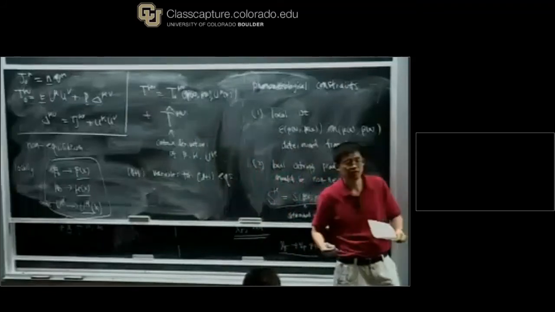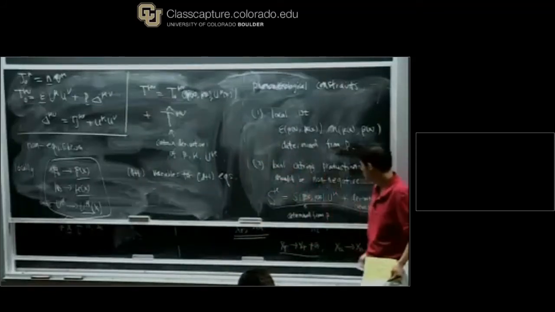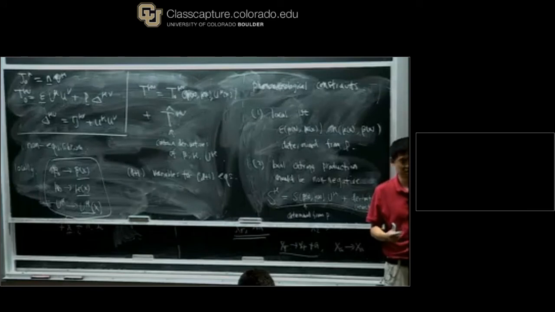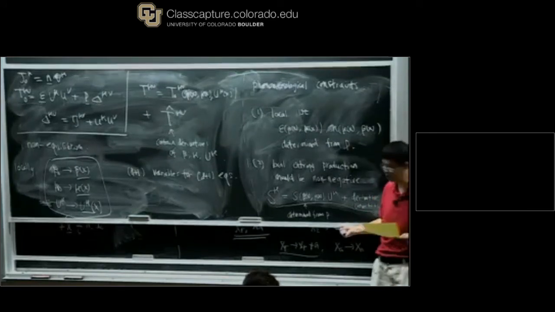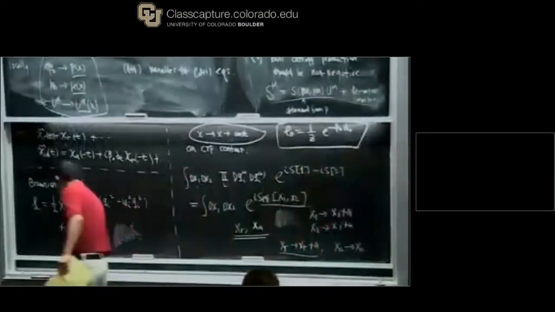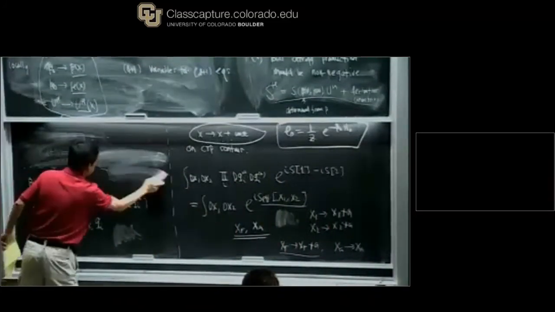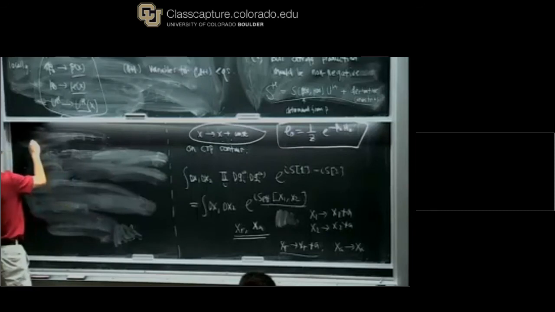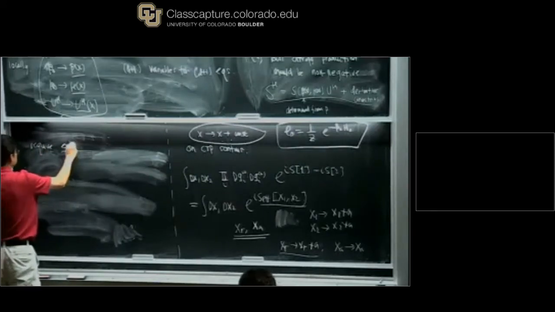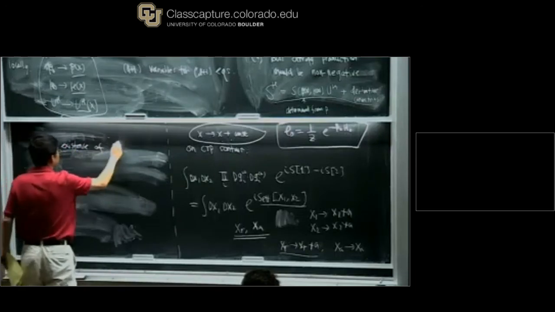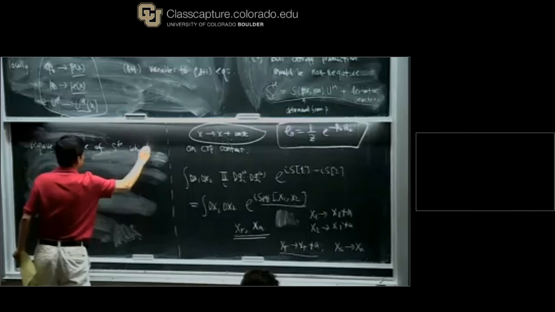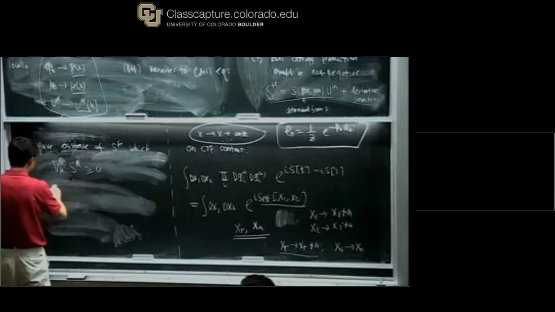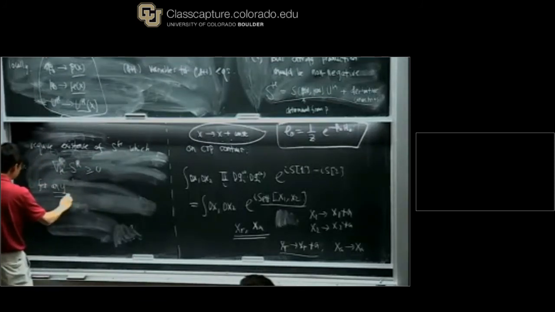Then you require the equations of motion to be such that an entropy current exists that, when you evaluate it on the equation of motion, its divergence is never negative. So you require the existence of S mu which satisfies partial mu S mu greater than 0 for any solutions of the equation of motion.